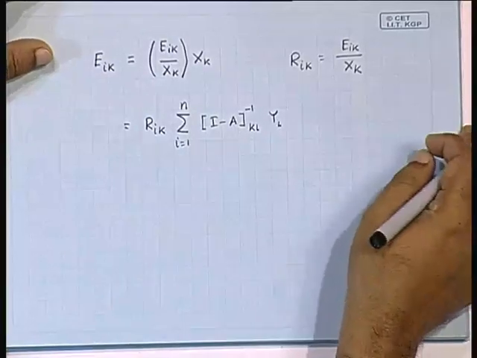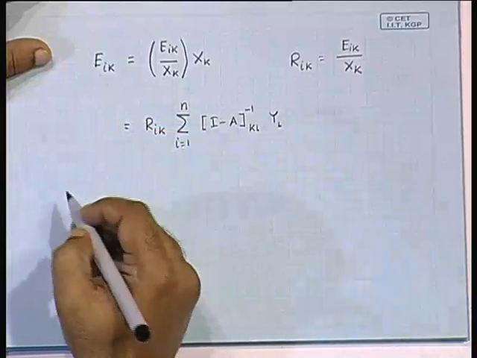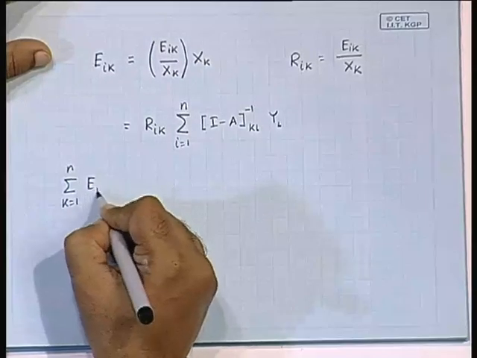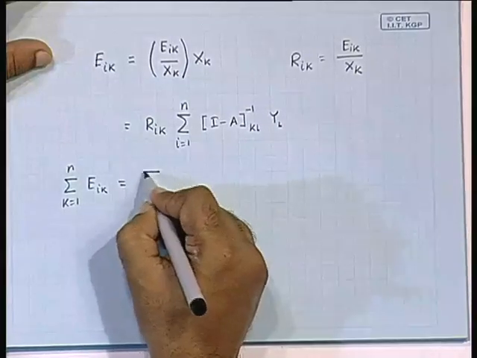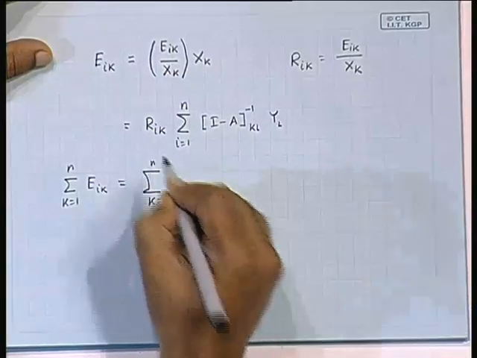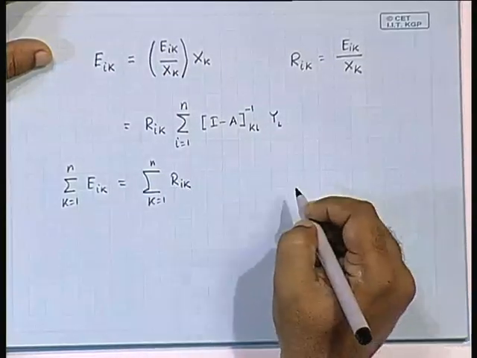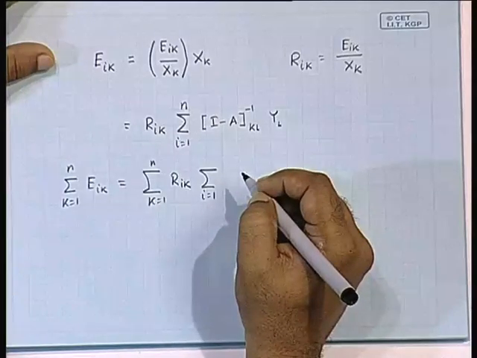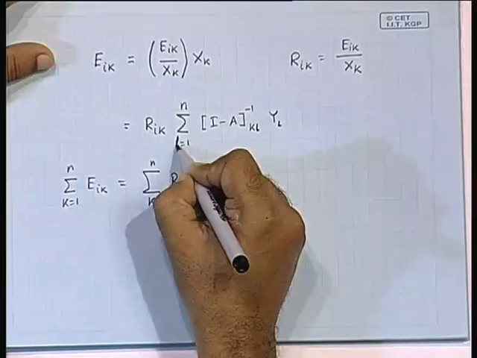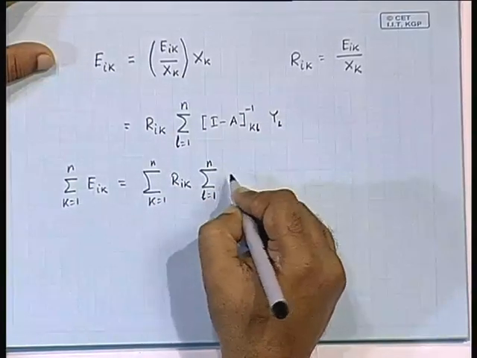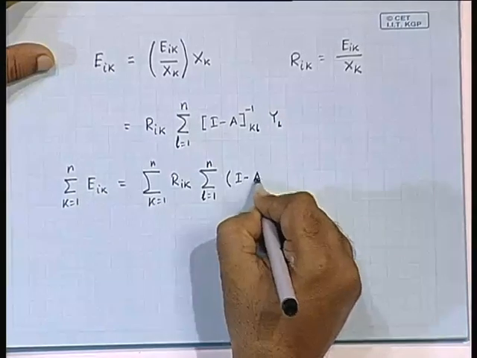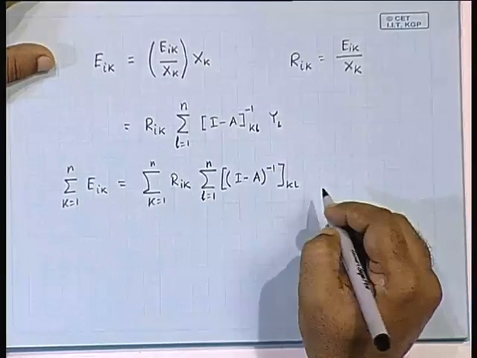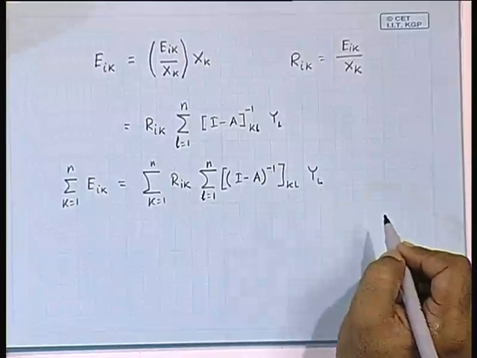Okay. So, now if we put all of these terms together, then we have the sum over k equal to 1 to n of E_Ik equals the sum over k equal to 1 to n of R_Ik times the sum over l equal to 1 to n of the K L term of (I minus A) inverse times y_L.